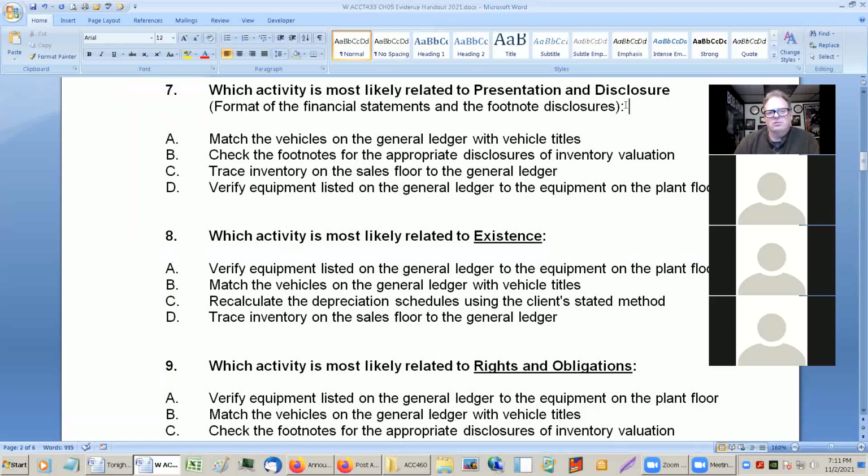All right, so when you talk about presentation and disclosure, it's what it says, kind of like the overall format of it. That it looks reasonable and it actually conveys what it's supposed to convey. Okay, so number 7, which one is it?